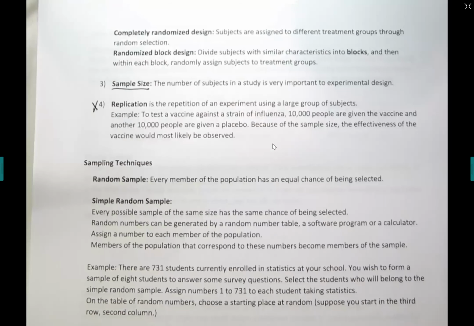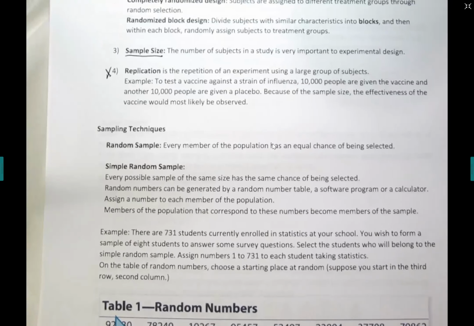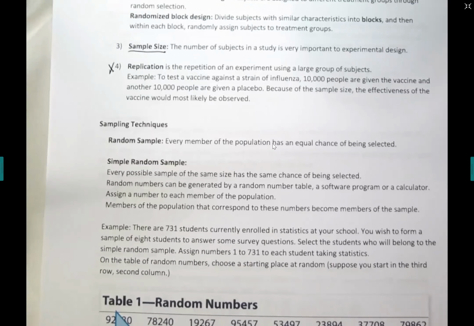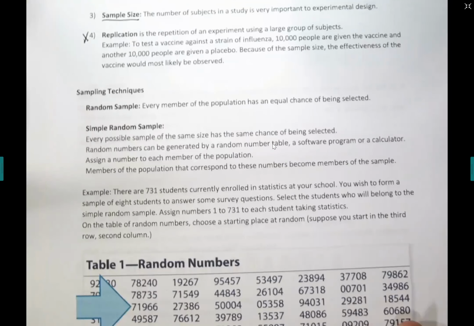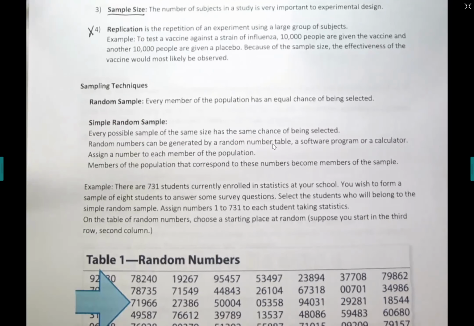Now we're going to get to the part that's really covered in this section. Sampling techniques. That is required, guys, and you're going to have lots of questions in section 1.3 on this. Random sample: every member of the population has an equal chance of being selected. Now I have a group of, I don't know how many of you here, 25 students.